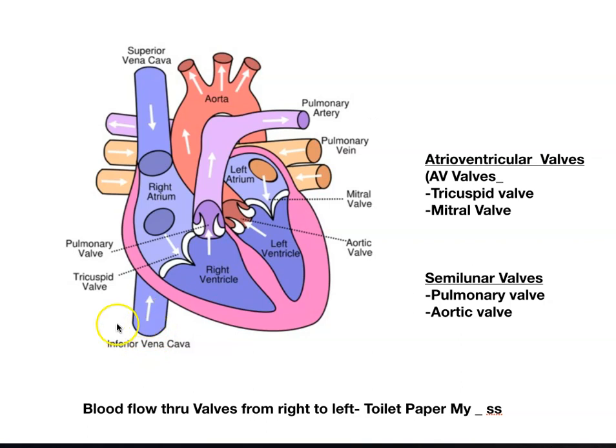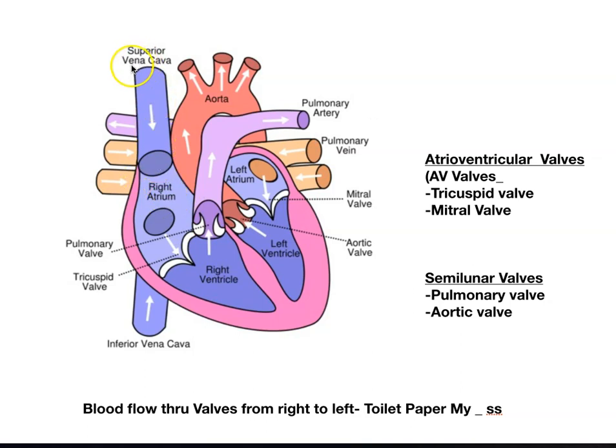These are the largest veins in your body. The definition of a vein is it takes blood to the heart. So the superior vena cava is taking blood to the right side of the heart, specifically to the right atrium.